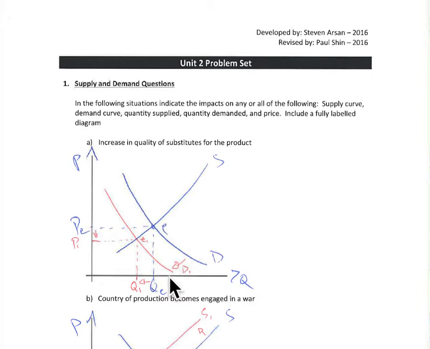You'll also want to label your equilibrium, your price at equilibrium, your quantity at equilibrium. And then with the shift of demand, you'll want to label your new equilibrium 1, your new price 1 with an arrow showing direction, and your new quantity 1 with an arrow showing direction. And so this would show you a fully labeled supply and demand graph.